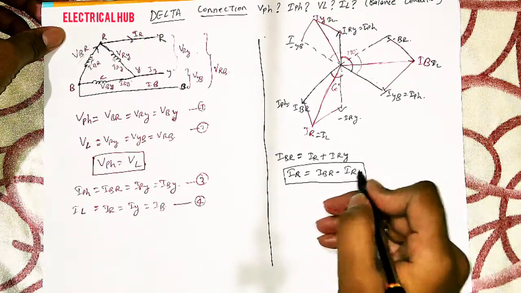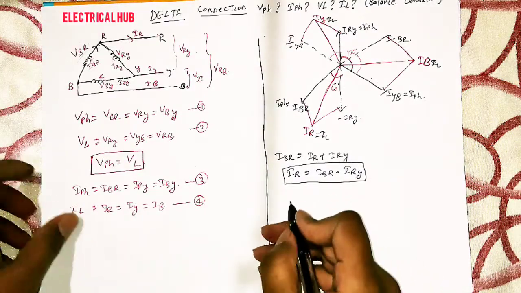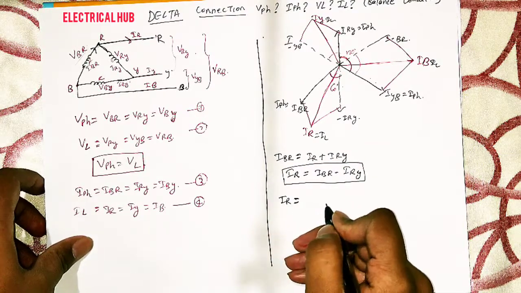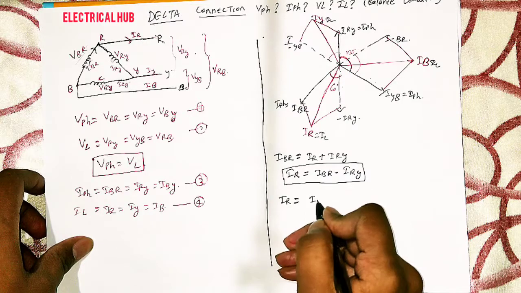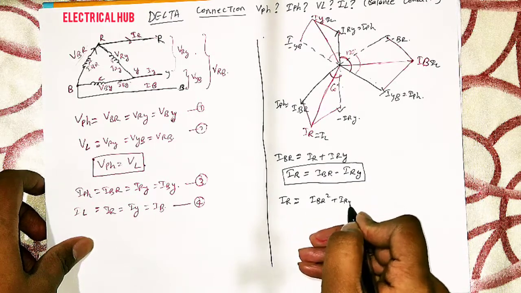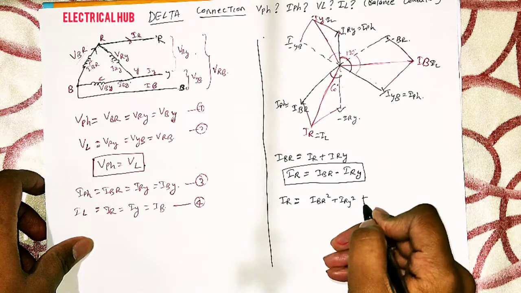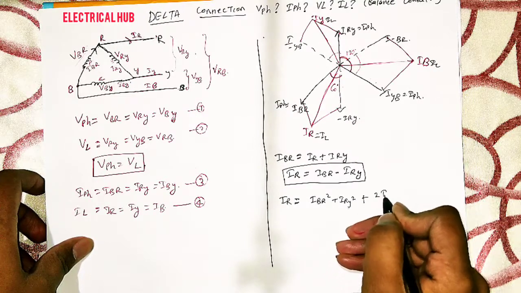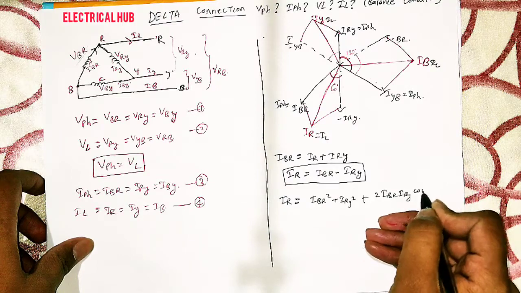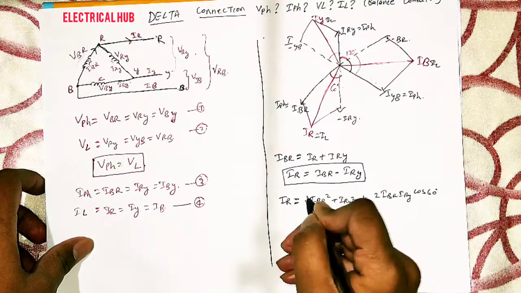And if we try to take out the exact value of the resultant IR, the formula is the root of IBR square plus IRY square plus 2 IBR IRY cos 60 degree.